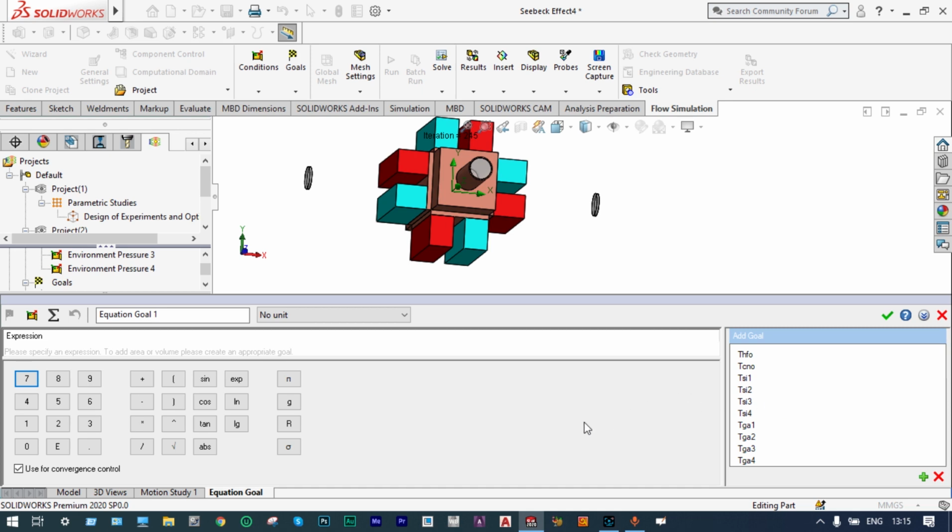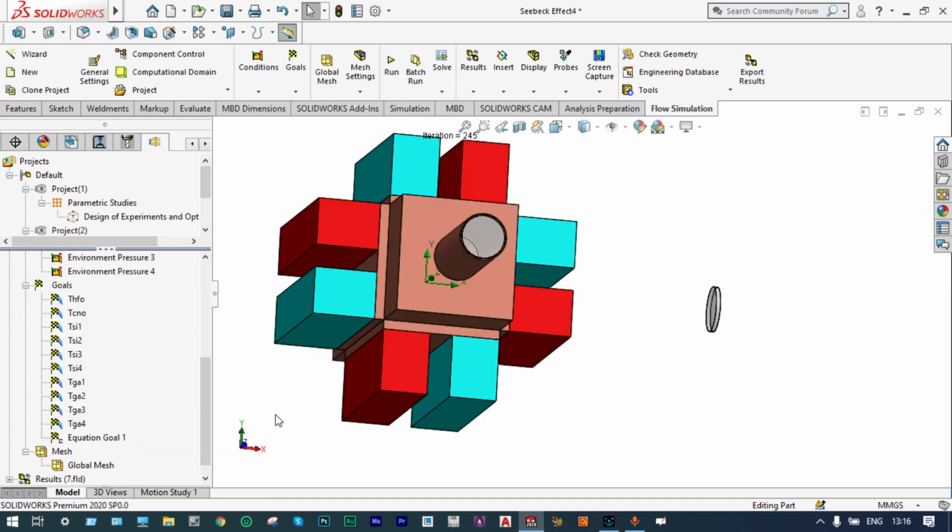We'll define the goals as an absolute form. Let's start from bracket, absolute bracket, and it will be starting from temperature at silicon surface 1 minus temperature at gallium surface 1. Bracket closed.